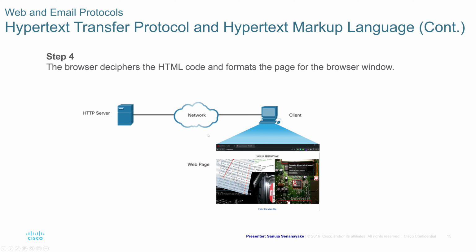What you are seeing here is what your web browser has deciphered from the HTML code, which includes all the information on where these elements should be, such as these images, these texts, these links, and any other information pertaining to that. For example, when you visit sanuja.com, your web browser will decipher from the HTML code it received from my web server where this image is located, so that you will be presented with a proper web page.